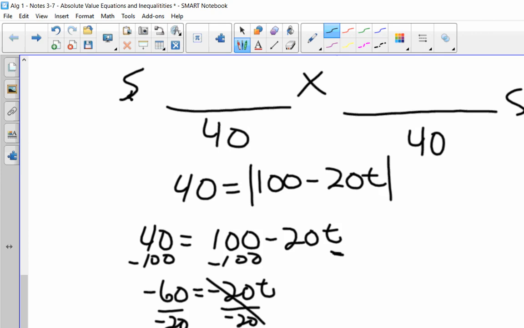Okay, but because it's absolute value, I have to do the rewrite again. So ignore the bars, and I'm going to make that 40 that I start with, I have to do the opposite because it's outside the bars. I'm going to get that.